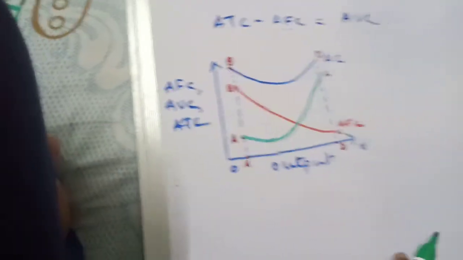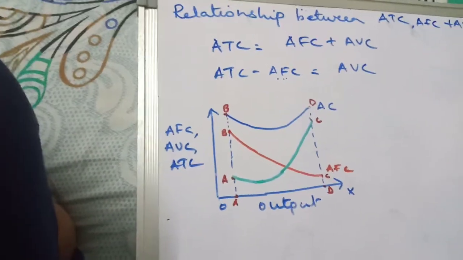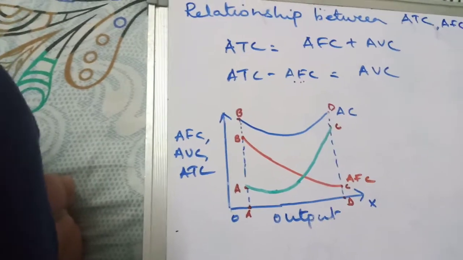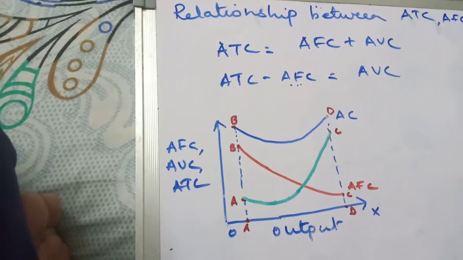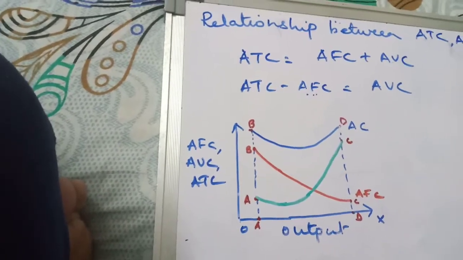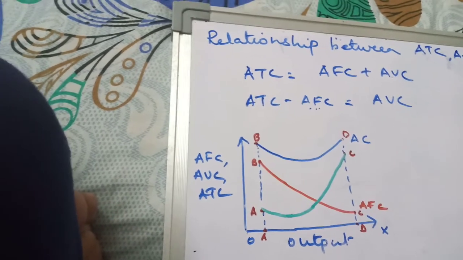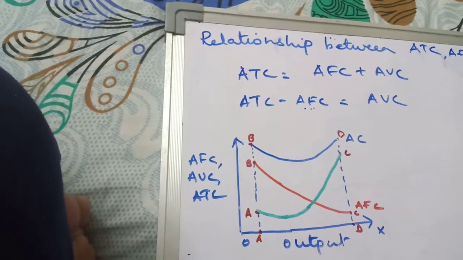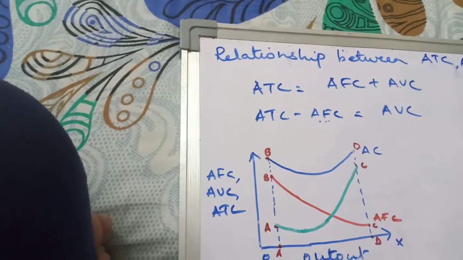I'm going to make certain things clear about this. You can rewind again and again to see how you make this diagram, because it's important to know how it is made. The difference between ATC and AVC is AFC. Since TFC remains constant at all levels of output, AFC decreases with increase in output.